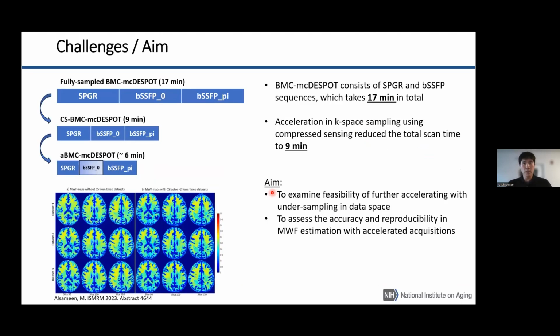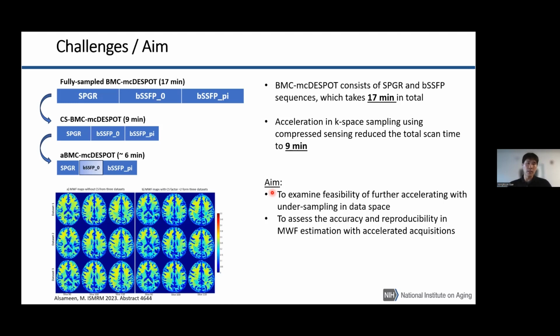The myelin water fraction estimation from BMC-mcDESPOT is great. It's shown its effectiveness in normal aging as well as in AD patients. However, the fully sampled BMC-mcDESPOT takes 17 minutes in total, which is considerably long for elderly patients to stay still in the magnet, and certainly too long to be implemented in clinical routines.